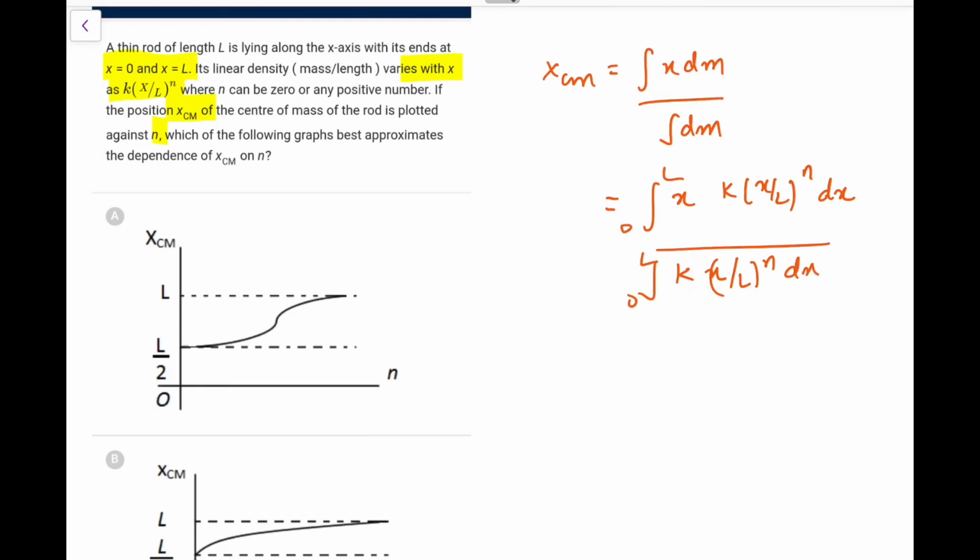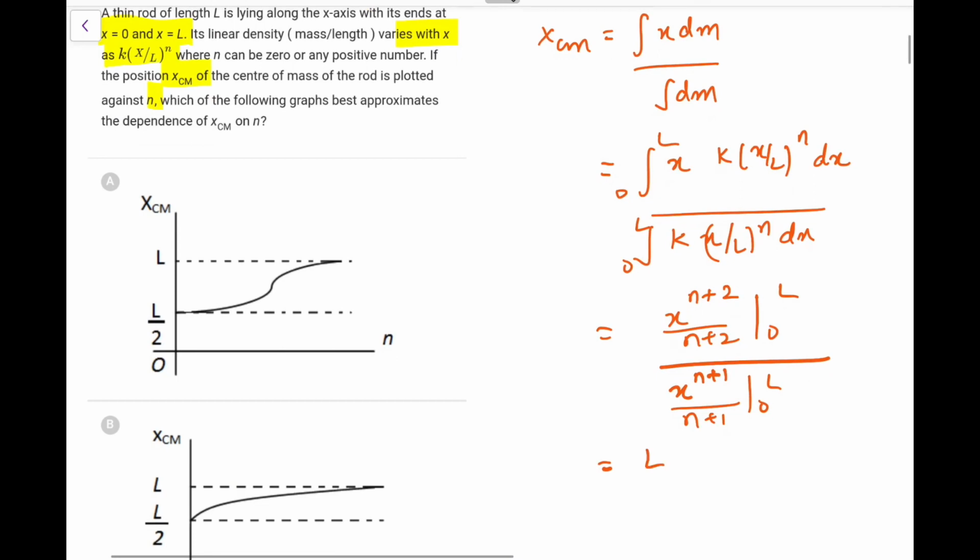We do this integration from 0 to L. So the k terms get cancelled, and this L to the power n is also cancelled. We will have x to the power n plus 1, so integrated it would be x to the power n plus 2. We will get x to the power n plus 2 upon n plus 2 from 0 to L, and in the denominator x to the power n plus 1 upon n plus 1 from 0 to L.